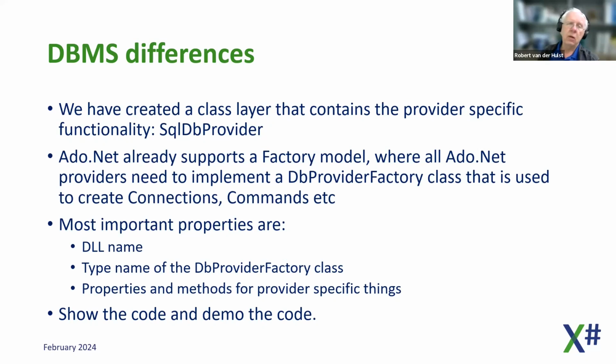So each SQL DB provider has properties that describe which DLL to load and which factory object to retrieve. And by doing that, we can be generic. So for the SQL DB provider class, the most important ones are the DLL name and the type name of the DB provider factory class.